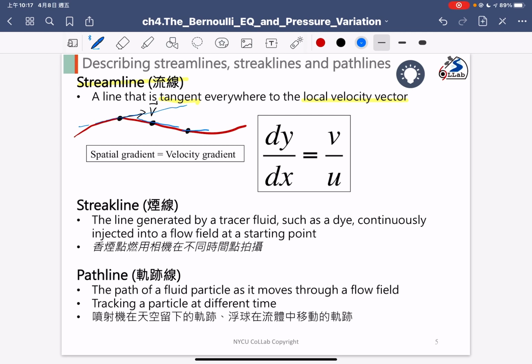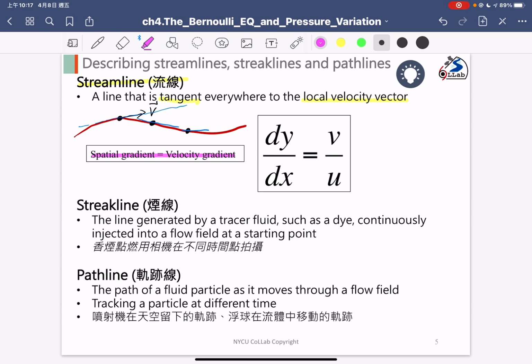So every stream line is tangent to the local velocity vectors. I can have different tangent lines at different locations, and each tangent line will be parallel to the local velocity vector. So the mathematical definition of a stream line is that the spatial gradient is always equal to the velocity gradient.